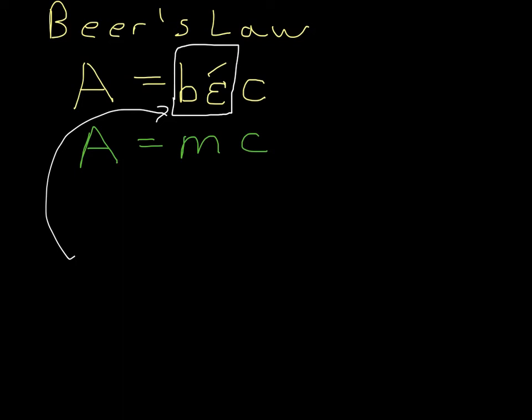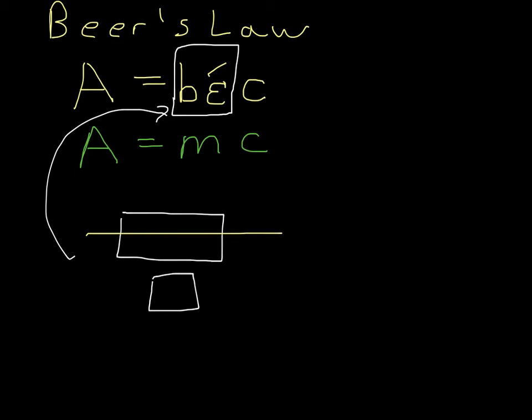It makes sense that if you have a substance that absorbs light, which of these two do you think is going to absorb more light? Where the light has to travel through a large portion of the substance or through just a small portion of the substance? The one where it has to travel through a large portion is going to absorb more.